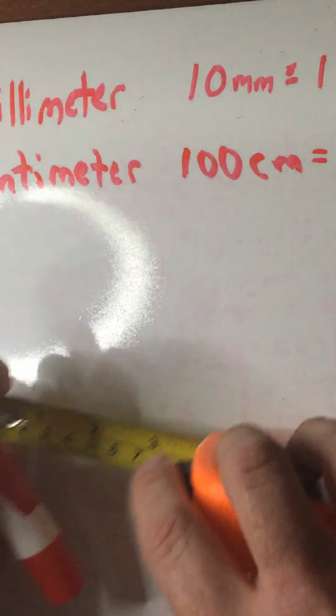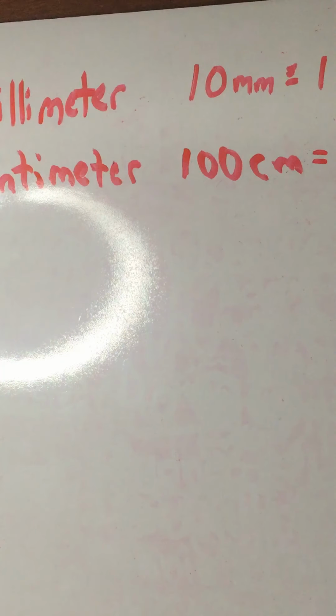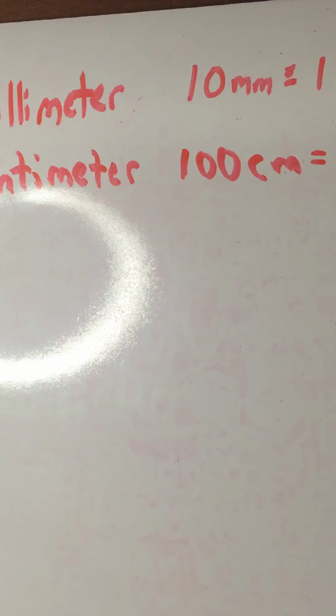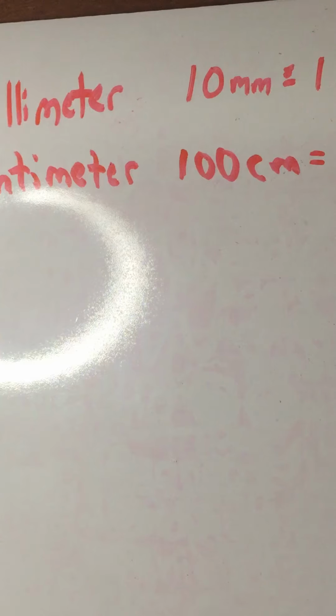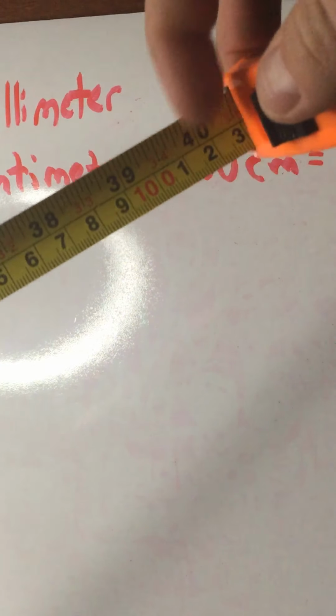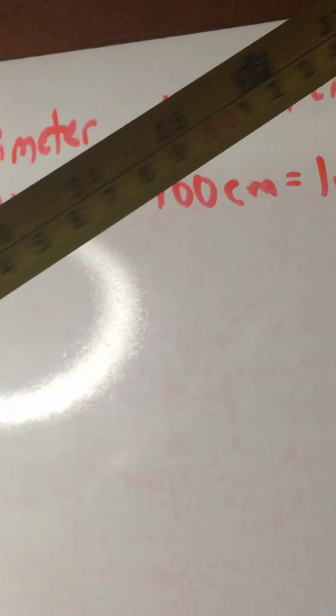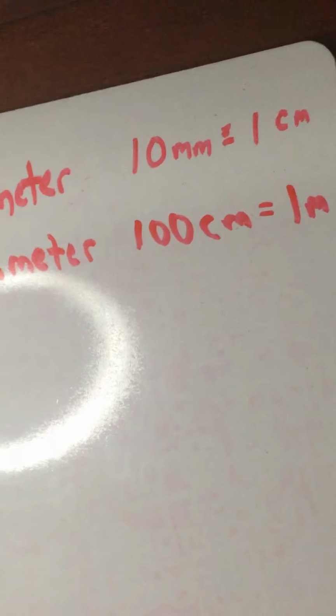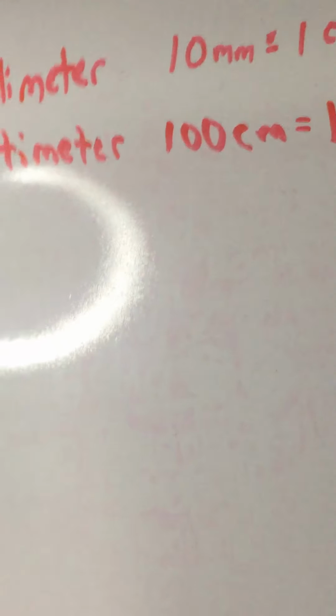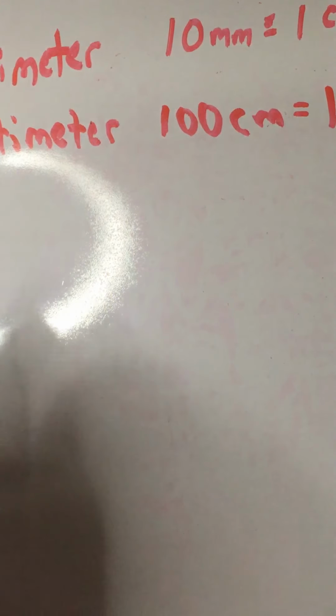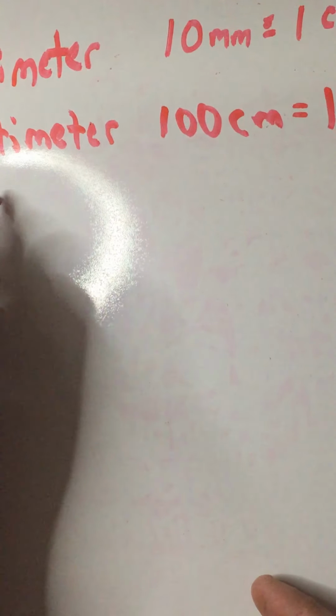If I stretched out this thing, it's a little over 3 feet long. On a standard meter stick, they make a big deal about the number 100. But this is a little over 3 feet long. So the next largest one we're going to talk about today is meters.